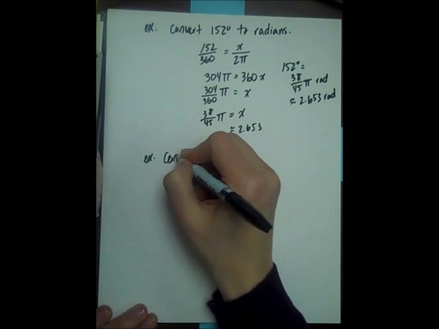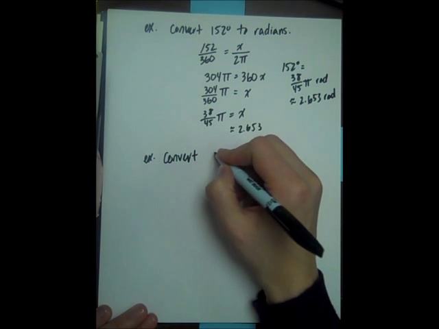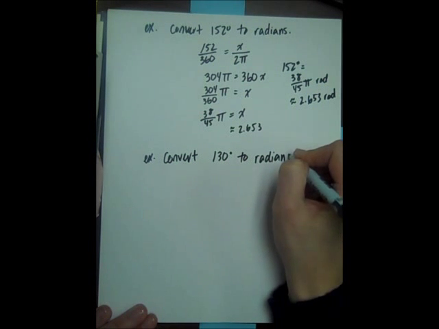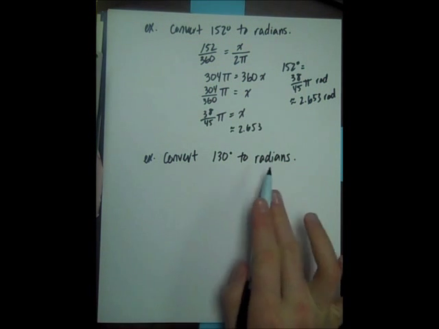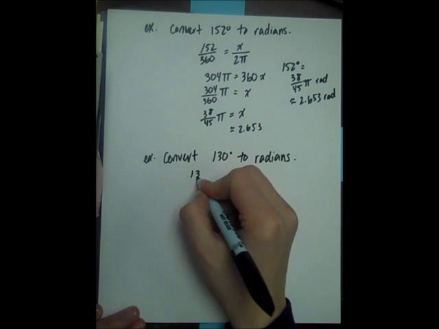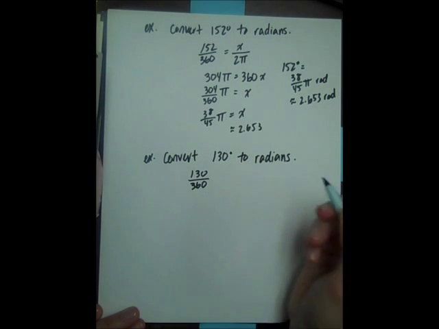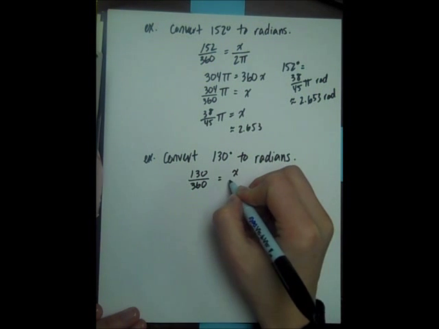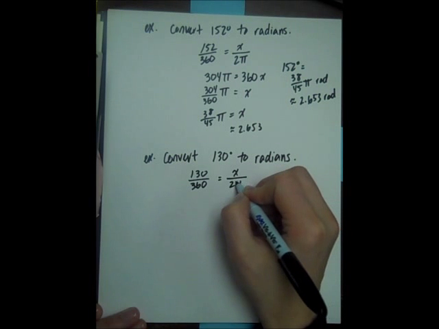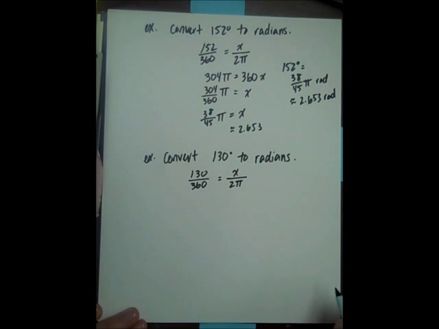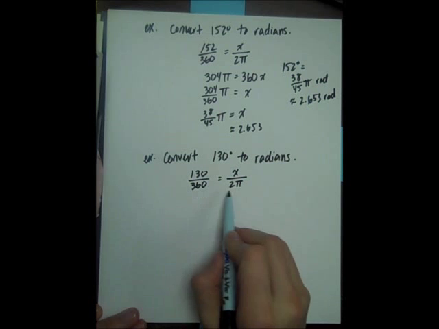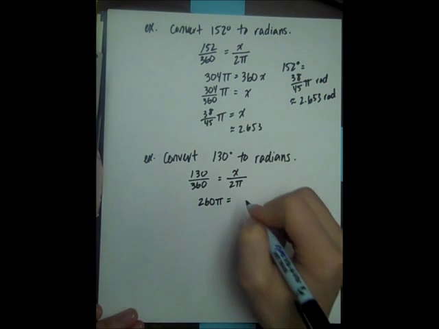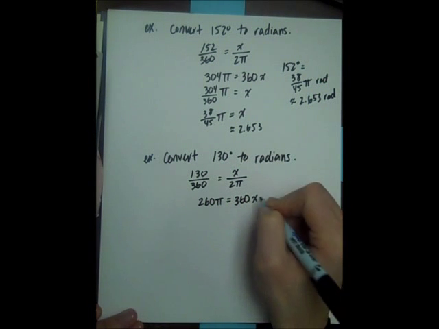And then lastly, let's convert 130 degrees to radians. So I gave you the number of degrees, I want to know how many radians. So 130 degrees over 360, which is the total number of degrees in a circle, is going to be equal to the number of radians we're looking for over 2 pi. Cross multiply, 130 times 2 pi is 260 pi, is equal to 360x.